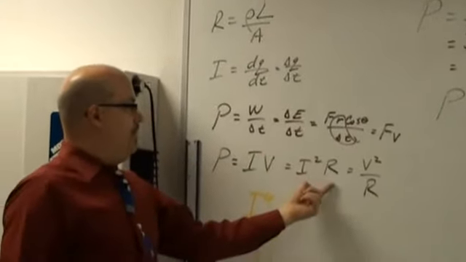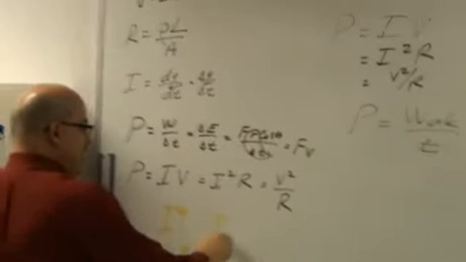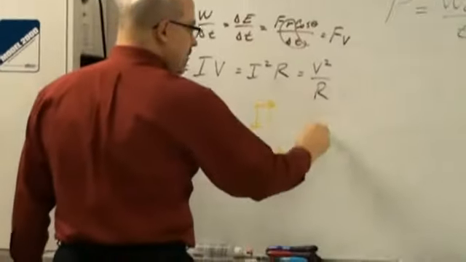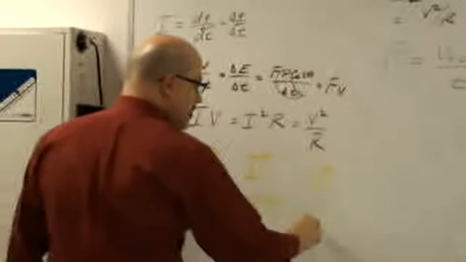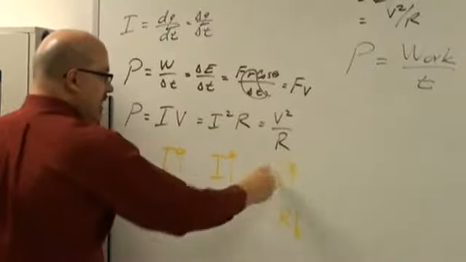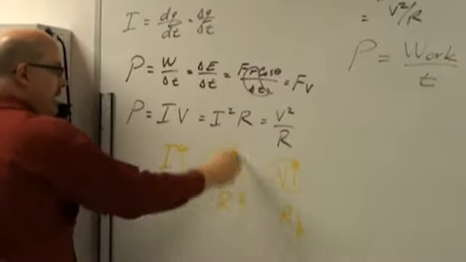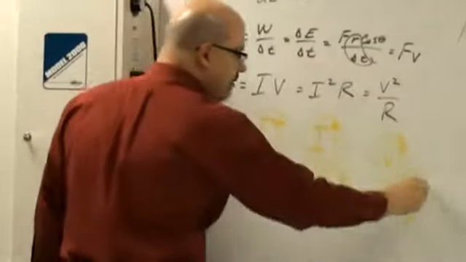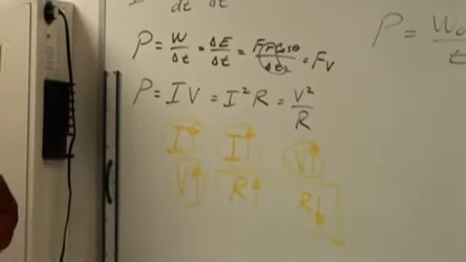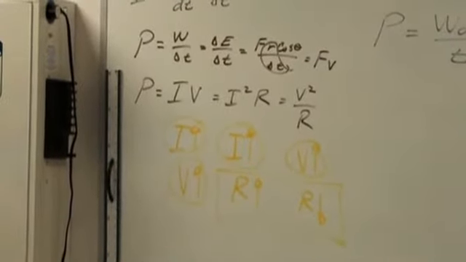What does this one tell me? Definitely big current and big resistance. What does this one tell me? Big voltage and little resistance. Uh-oh, I got problems here. One of them says I need to have big resistance. One of them says I need to have small resistance.